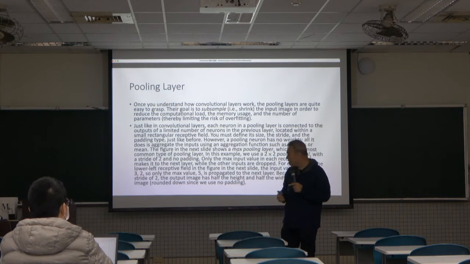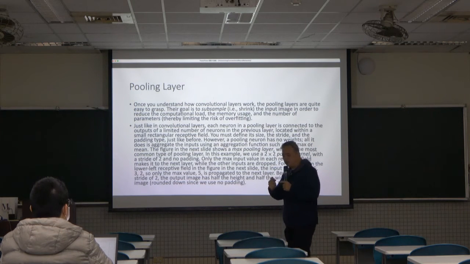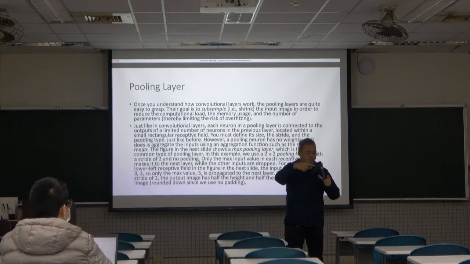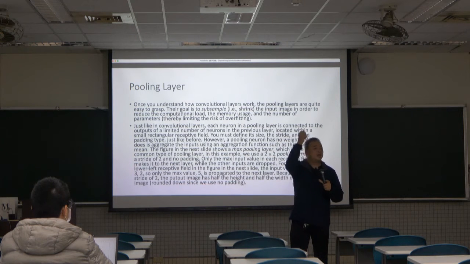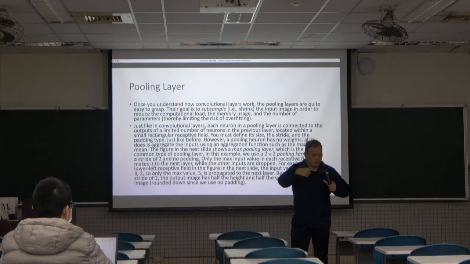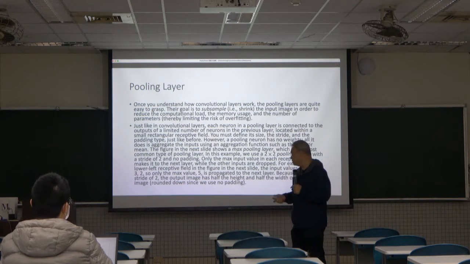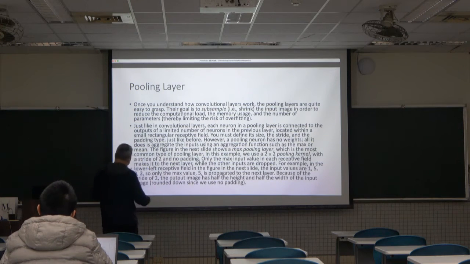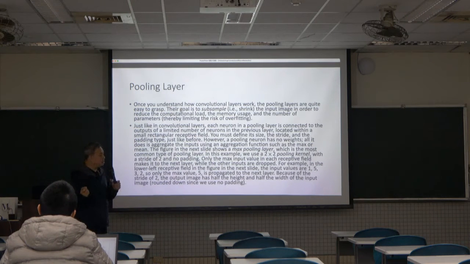So the concept is very simple, and for each covered area, it only outputs one value, either the max value from this region or the average value from this region. Obviously, we are doing subsampling.